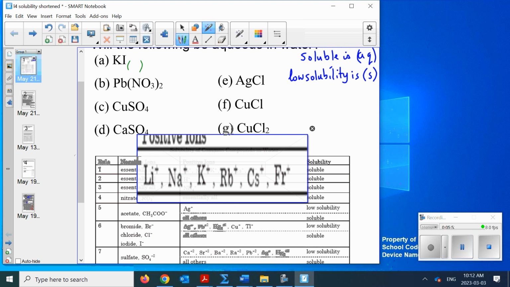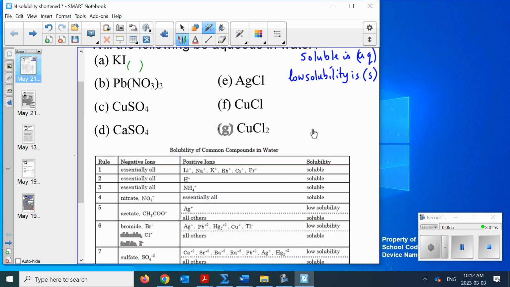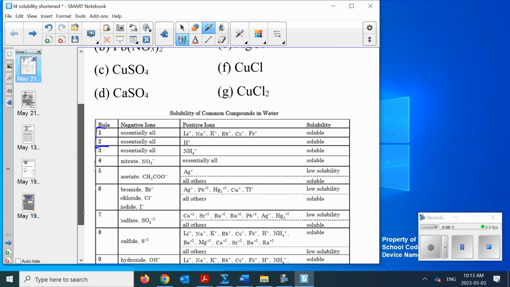But even hydrogen. Anyway, group 1 elements don't form solids. That's what the first one is. So if you catch that, you see how we just have hydrogen in this separate rule just because it's an acid. But really, that's what rule 1 and 2 are. Group 1 elements, no solids.